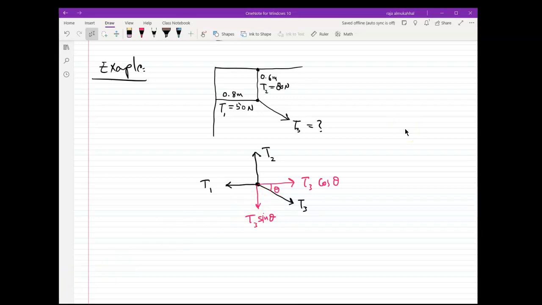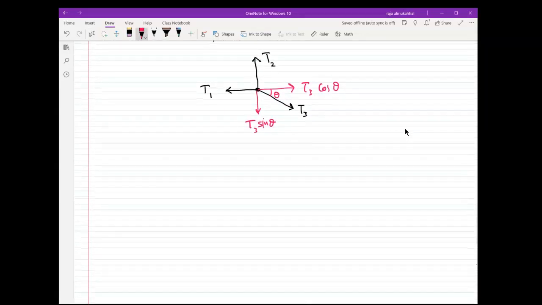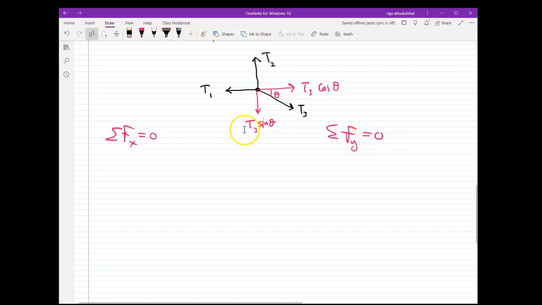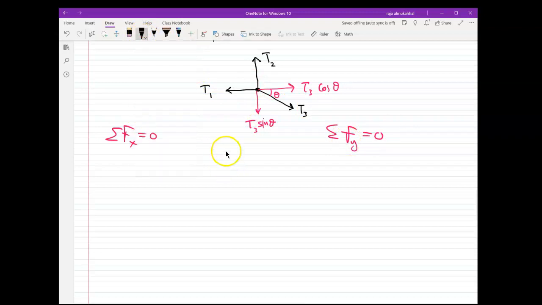So the next step now, I want to appeal to Newton's second law. So we have here the sum of the forces in the x direction equals 0. And then I have the sum of the forces in the y direction equals 0. Now, why are they equal to 0? Because the system is in equilibrium. It's not moving, right? So everything is in equilibrium.